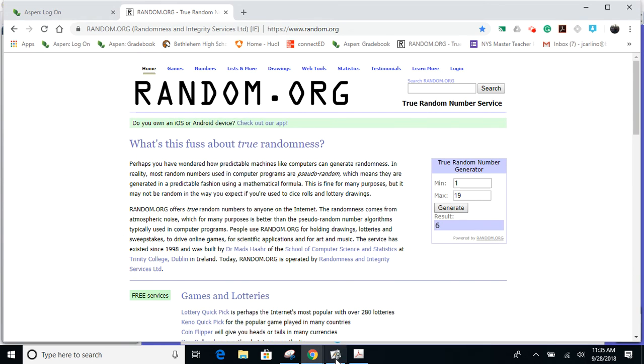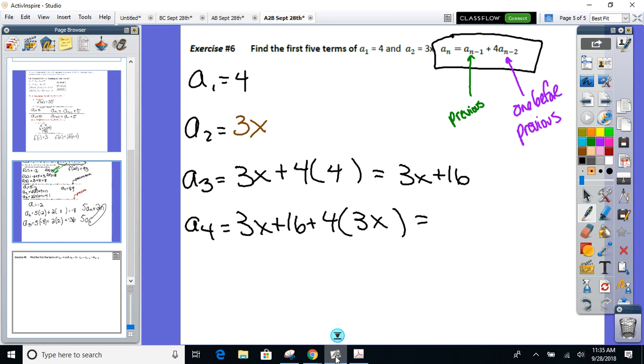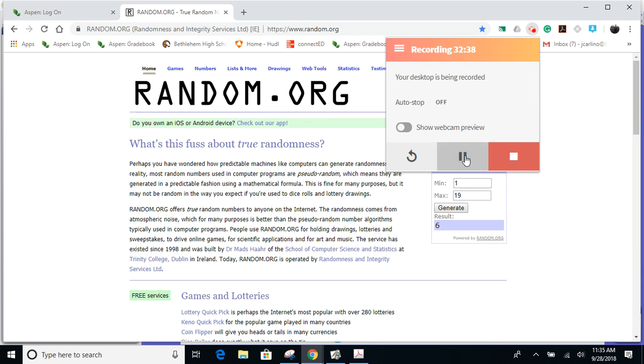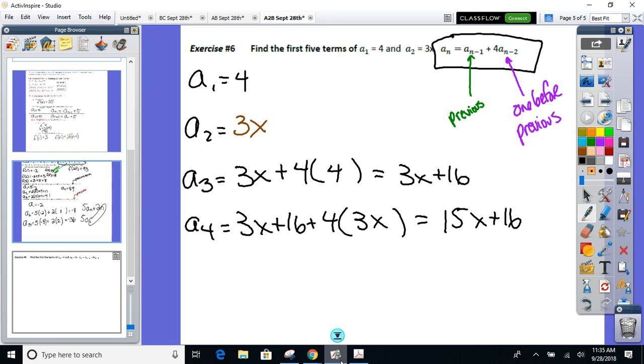Here you go, 6. 15x plus. Got it. And then fifth term.